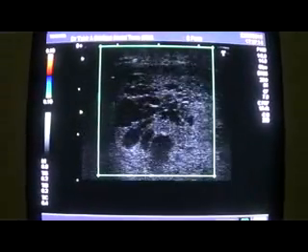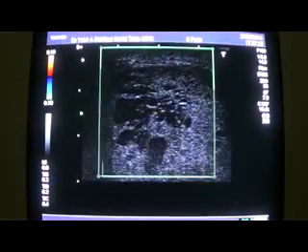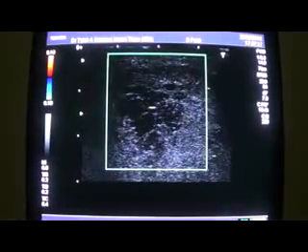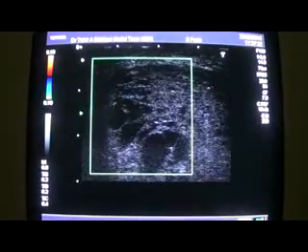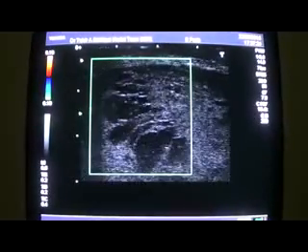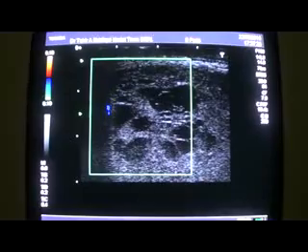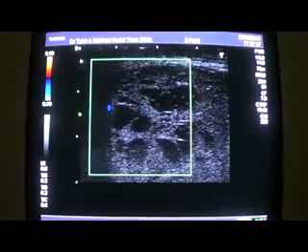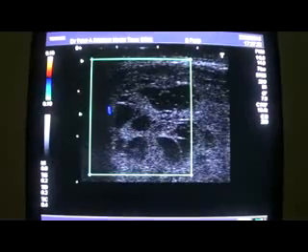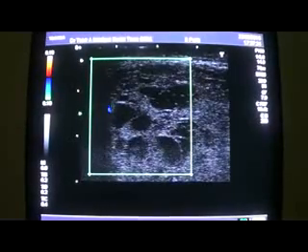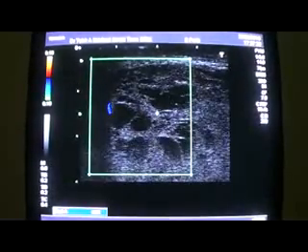Now I'll apply Doppler to see if there is any blood flow in this region. These cysts are communicating with each other. Another important thing to see is the venous supply.